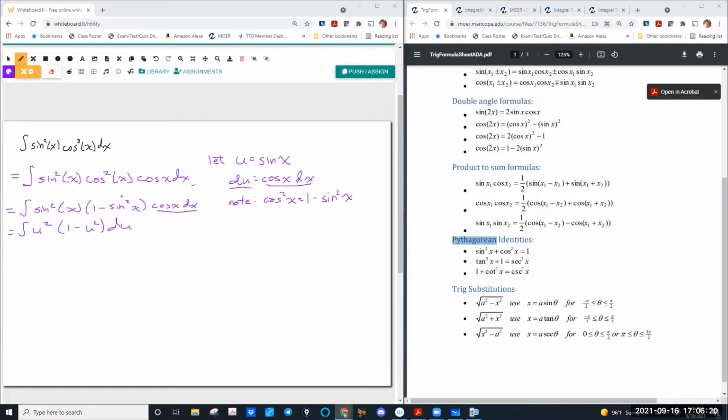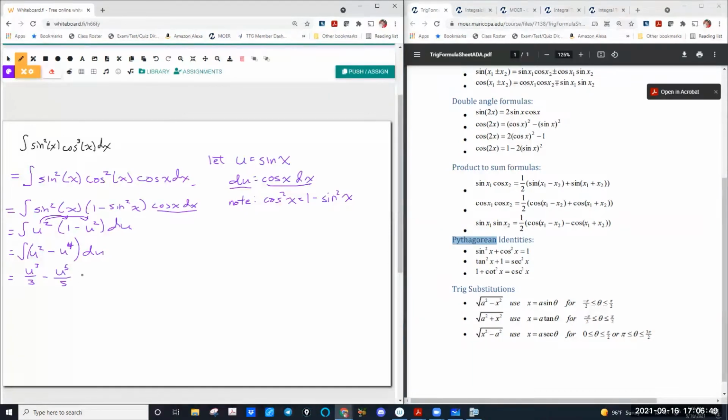All right, so now we focus on this integral in terms of u. We're going to distribute the u squared. So we get u squared minus u to the fourth du. This can be done piece by piece. We now have basic antiderivatives: u cubed over 3 minus u to the 5th over 5.